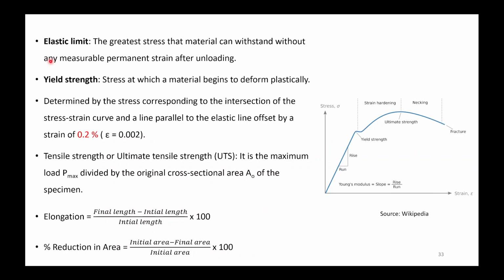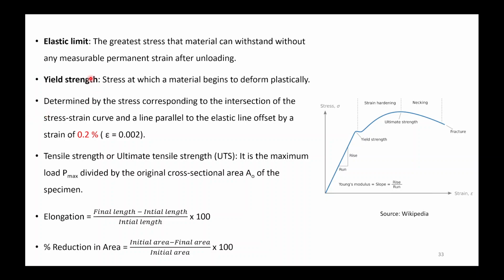Other properties that are important include the elastic limit. It is the greatest stress that a material can withstand without any measurable permanent strain after unloading. Yield strength is the stress at which a material begins to deform plastically.